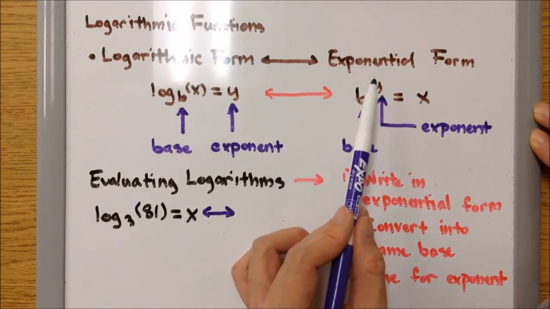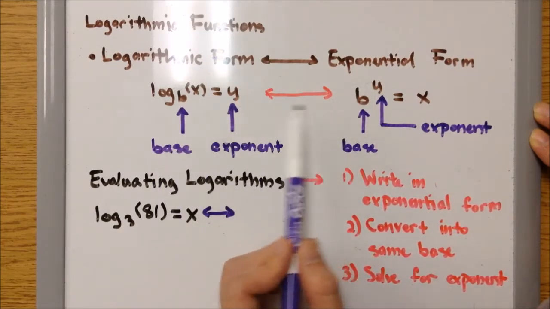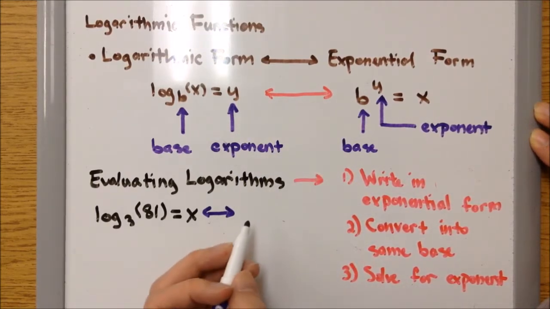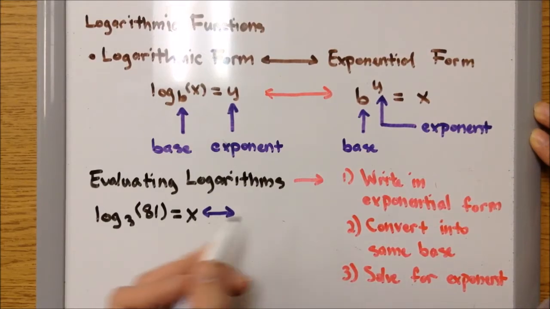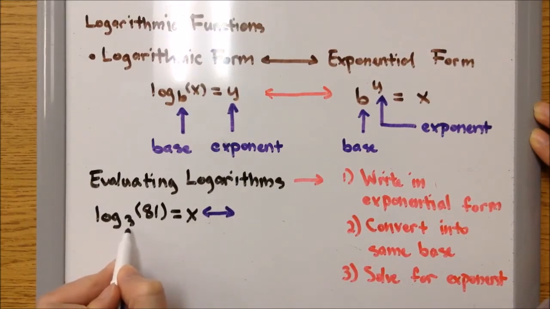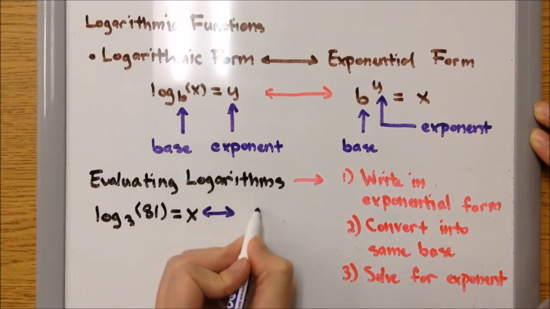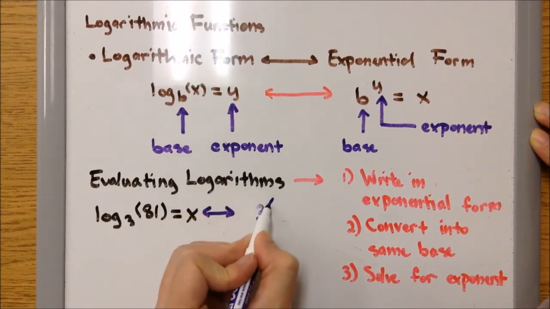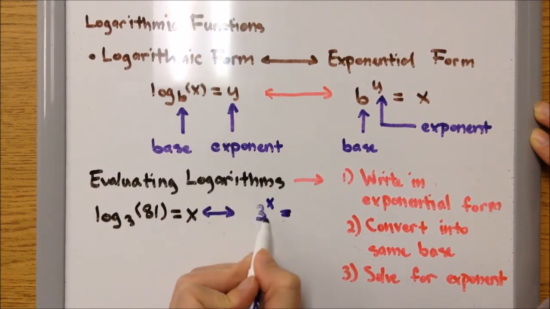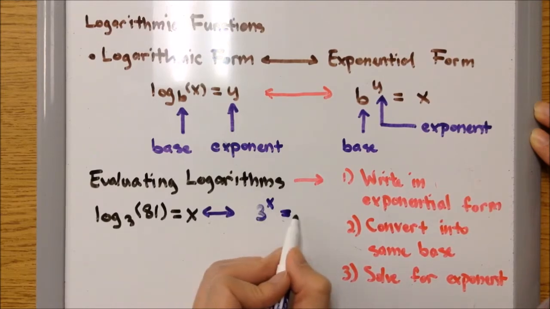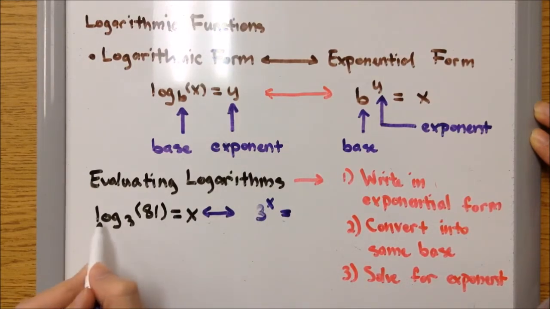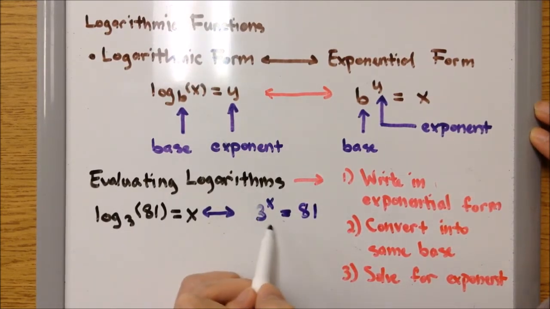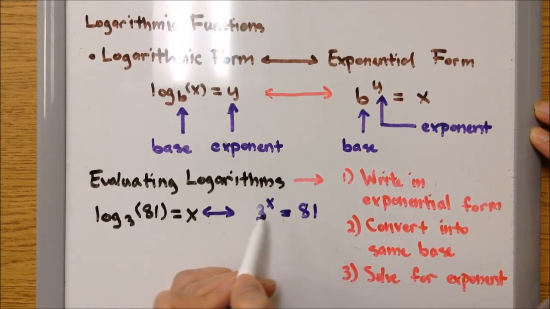You can go from exponential form to log form. There's a direct relationship between them, so they can go in any order wherever you start. So I'm going to write in exponential form. This is our base right here, our subscript number. So I'm going to write 3, and then whatever it equals, which is x, that's our exponent. Then I set our exponential form 3 to the power of x equal to whatever was next to log base 3, which is 81. So now we have our exponential form: 3 to the power of x equals 81.